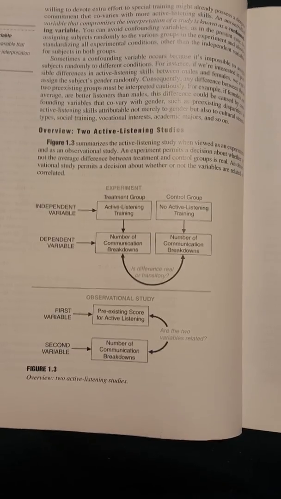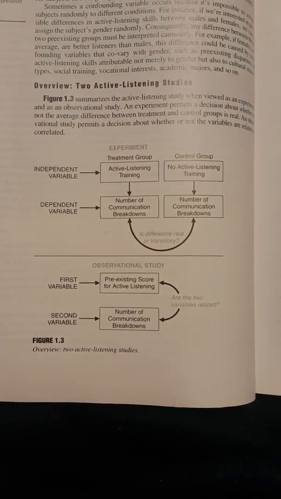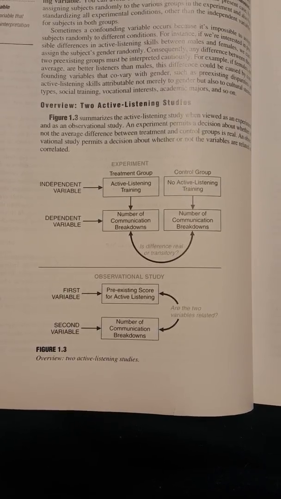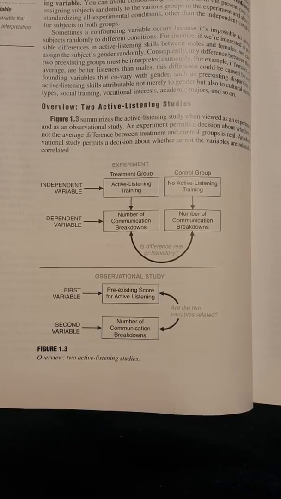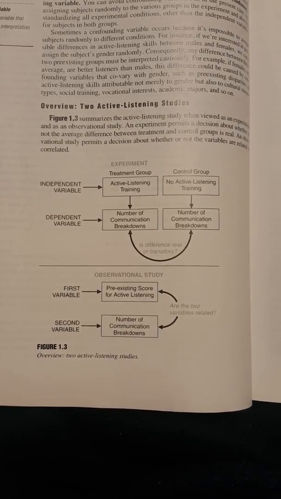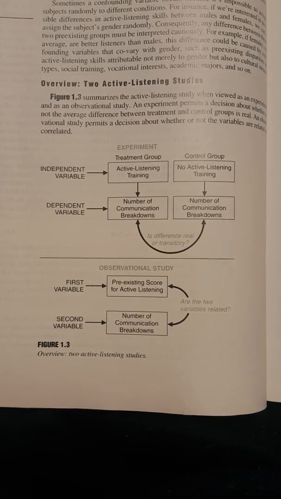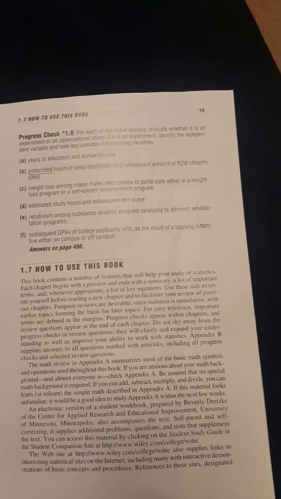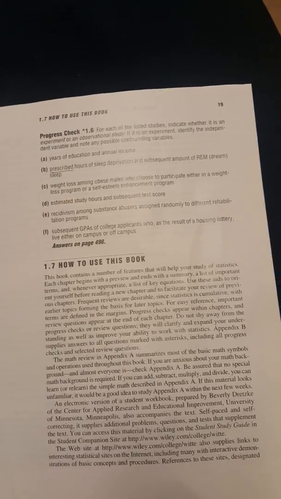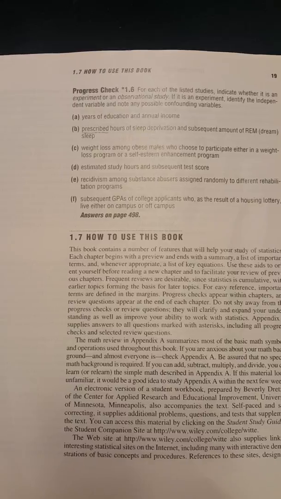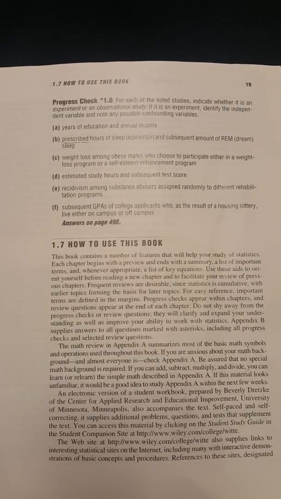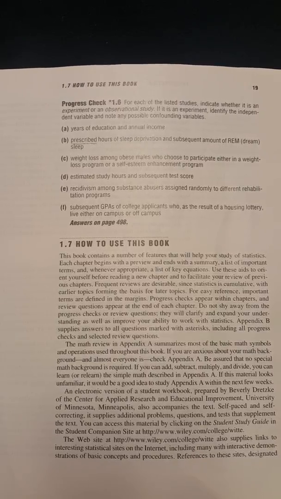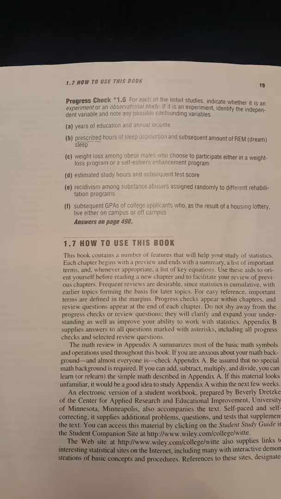Figure 1.3 shows the independent and dependent variable in an experiment with a treatment group and a control group. And here are some little exercises in Progress Check 1.6 for experiment or observational study. So you have to pick whether it's an experiment or an observational study.